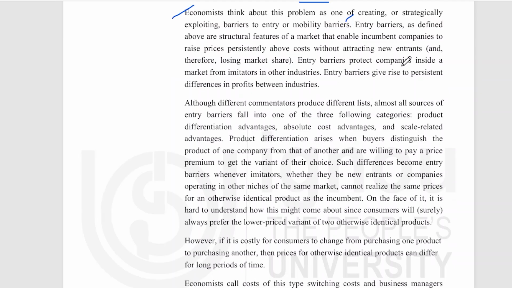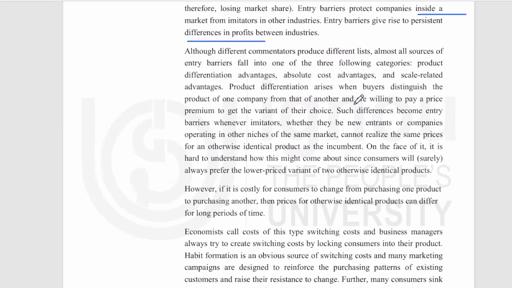Entry barriers protect companies inside a market from imitators in other industries, and give rise to persistent differences in profit between industries. Although different commentators produce different lists, almost all sources of entry barriers fall into one of the three following categories: product differentiation advantage, absolute cost advantage, and scale related advantage.